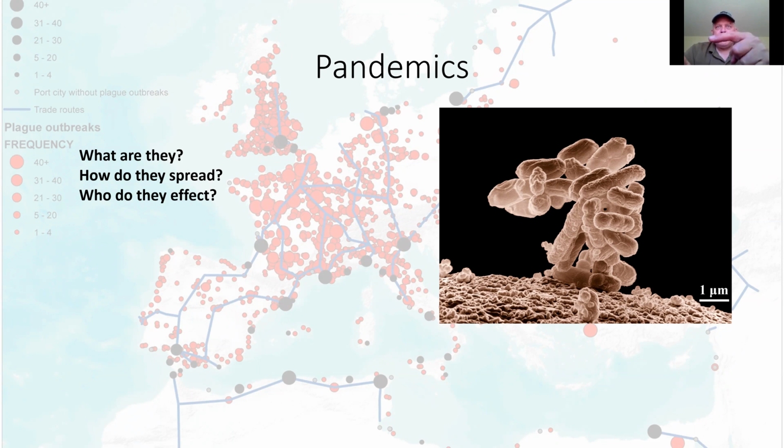And over on the side is a micrograph of E. coli bacteria, a very common bacteria which occasionally causes foodborne epidemics, not pandemics, but it's an example of a microorganism, a very small organism.